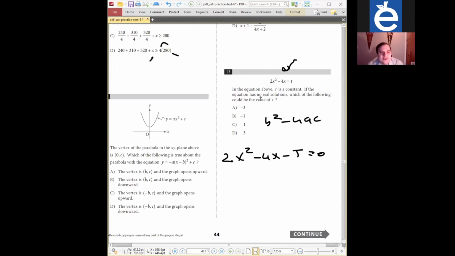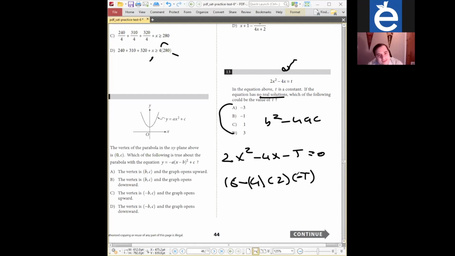Here, it's telling us there are no solutions. So we're looking for the value of t that gives us a negative b squared minus 4ac, right? So b squared would be 16 minus 4 times 2 times, now here's where it gets a little tricky, times negative t, right?